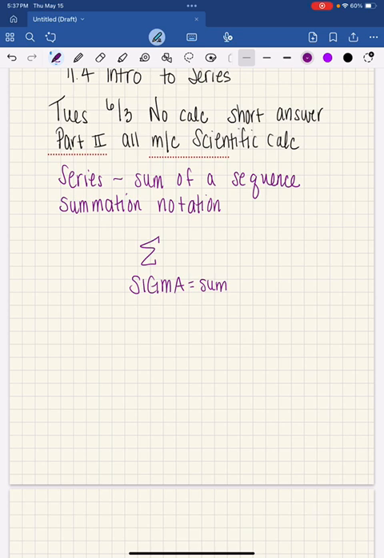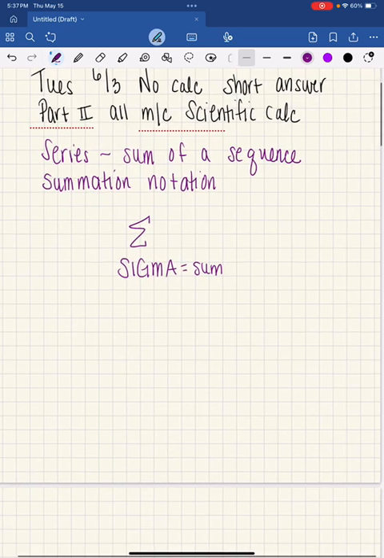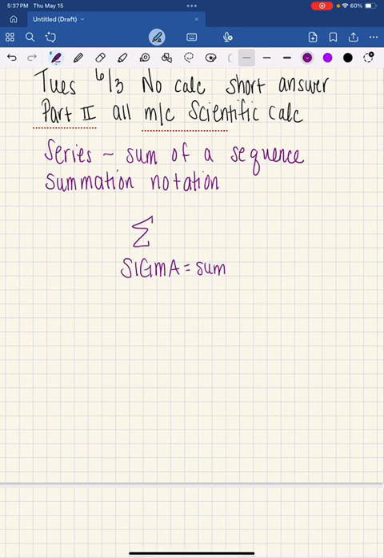There is this funky notation, and at the bottom, sometimes we use N and sometimes we use K. The bottom is called the index, and it is the starting term number, not the value, the number.